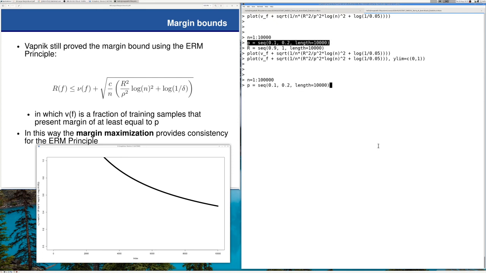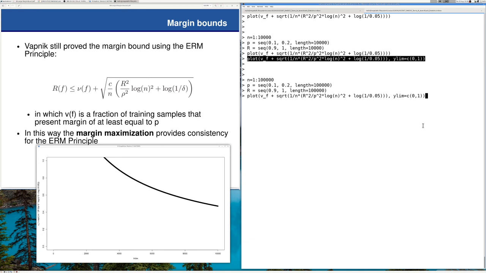So I'm going to increase again my series of observed margins and my series of observed radius, the radius of the ball enclosing the whole data set. Okay, and then I will plot it once more, and now I expect to have a nice convergence.